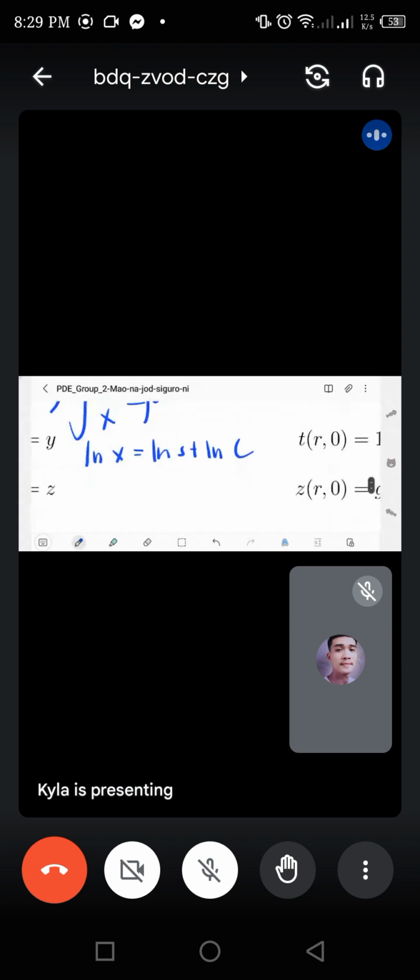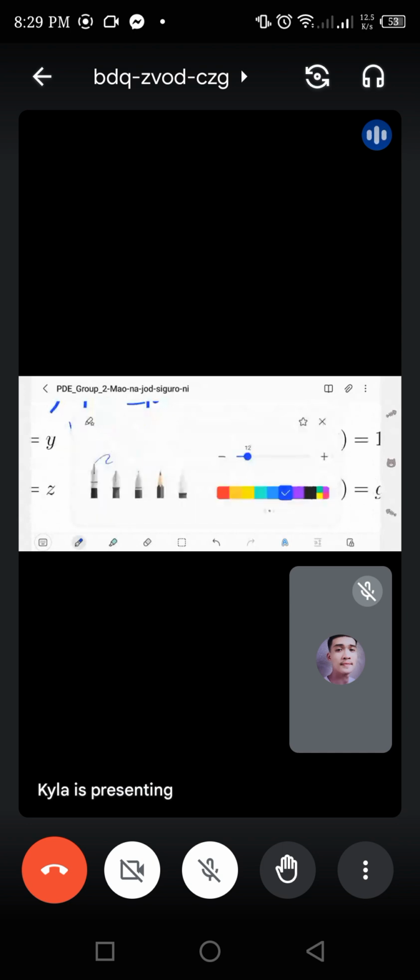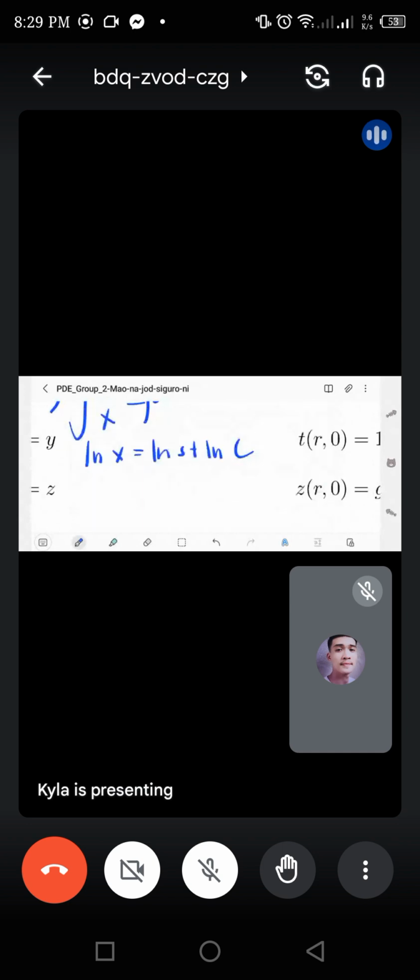Next, let's make both sides an exponent of e. We combine the terms on the same side as one term, using the property of the natural logarithm, the product ln s c.